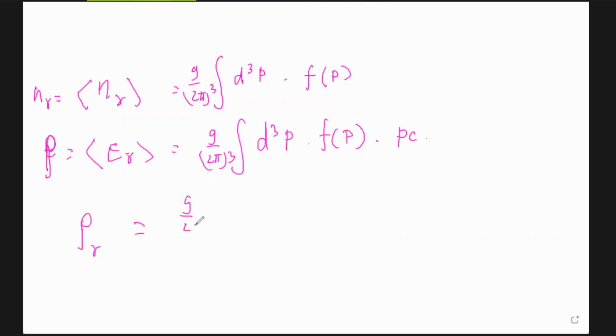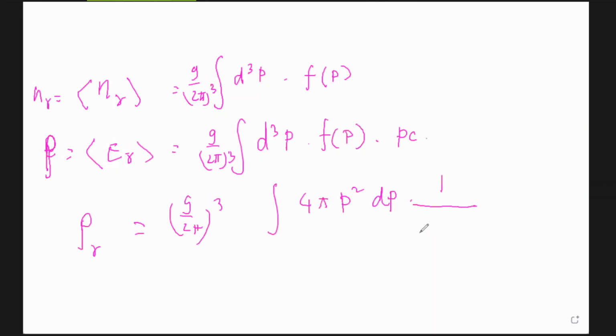So g by (2 pi)^3, let it skip. d^3p becomes 4 pi p squared dp, in the 2-sphere. And f of p is how much?